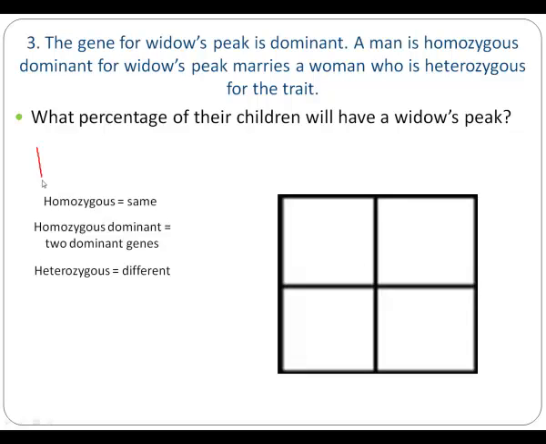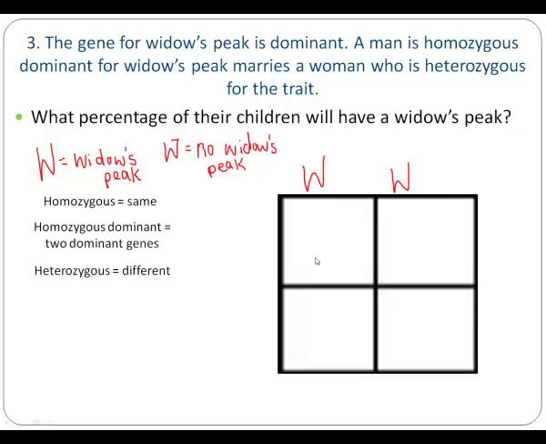So I'm going to define capital W as widow's peak, and lowercase w, I'm going to make that funny tail so we know it's lowercase, as no widow's peak. So that is big W because he's homozygous dominant.